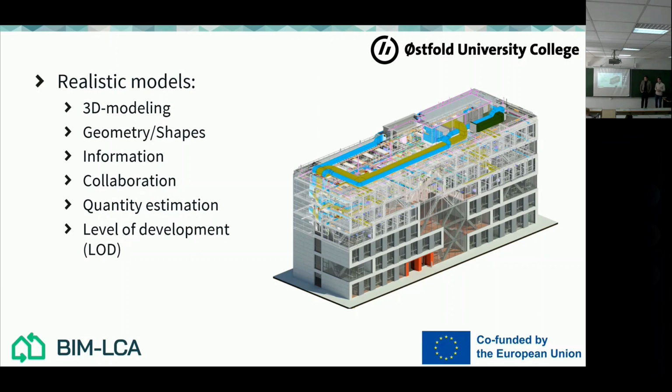And a last point that I wanted to emphasize is not directly linked to Revit, but LOD, or level of development. That's a term from BIM, and that can basically be explained as a way to show how well the model is developed during a project process.